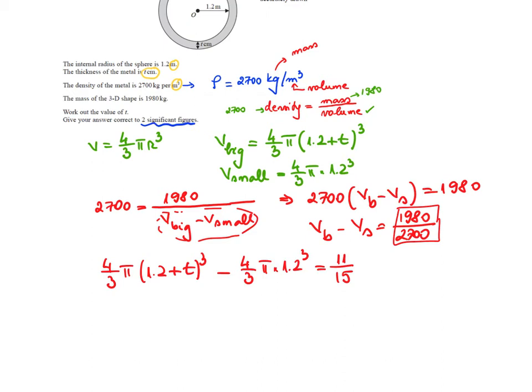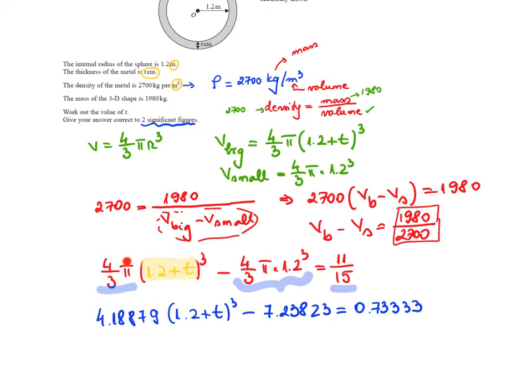And see, I'm looking, where is the unknown? The unknown is located here. So I need to isolate that expression. Here I have a number which I can calculate. Here is another number that I can calculate. So I will put in my calculator 4 over 3 pi, and then replace this expression by a decimal, and this one by a decimal.